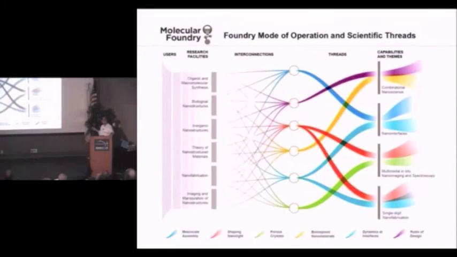And these threads not only pass through the floors, but also pass through our capabilities that are shown here. The threads that we've identified our strength in at the Foundry are mesoscale assembly, shaping nanolight, porous crystals, bio-inspired nanomaterials, dynamics at interfaces, and the rules of design.